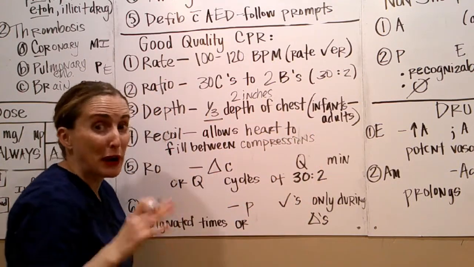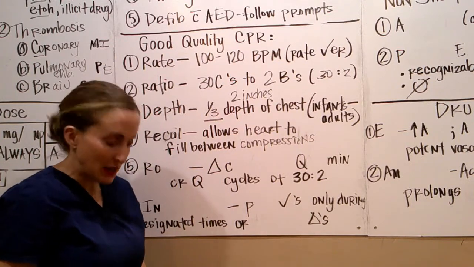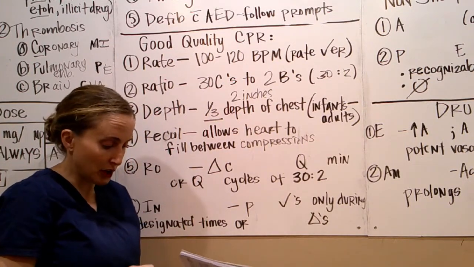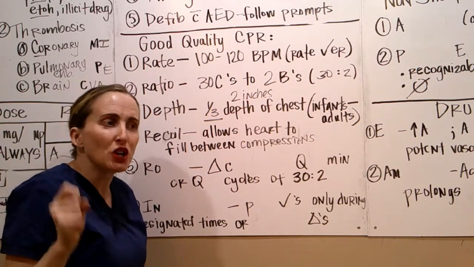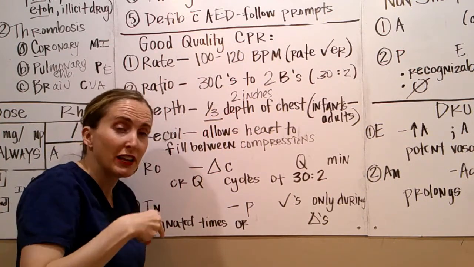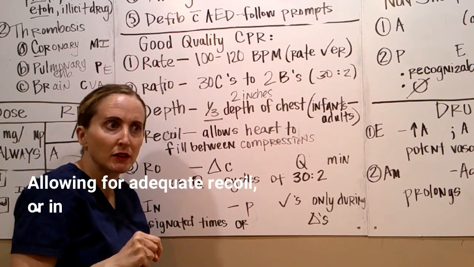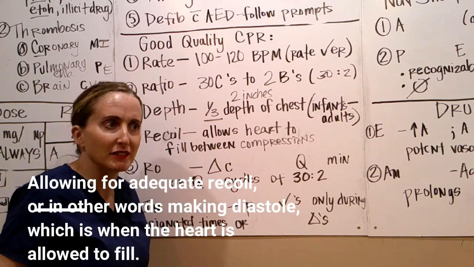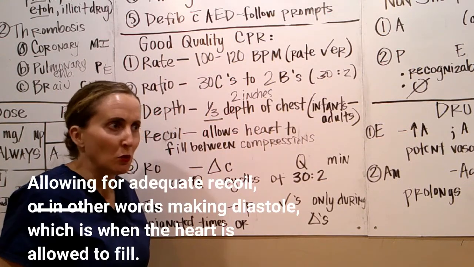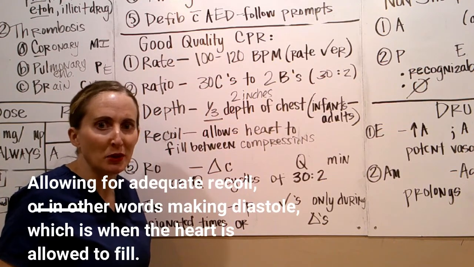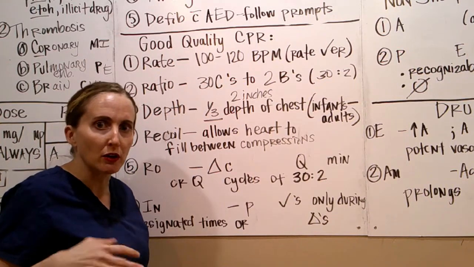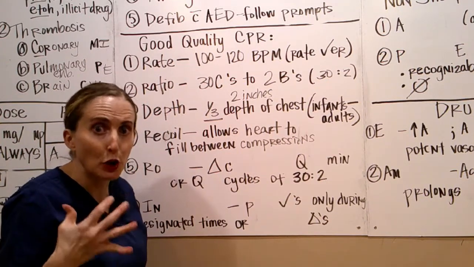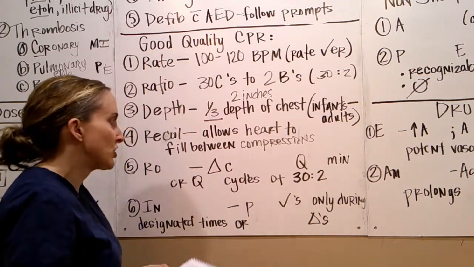That is paramount. That is so important, because if we're just pushing hard and fast, great. So that's pumping the blood out. But if we don't allow the heart to fill in between our compressions, we're effectively deleting their stroke volume, right? We can't, and they have no cardiac output. So we have to allow the chest to completely recoil so that the heart can potentially fill back up with blood, okay? So that's really important.